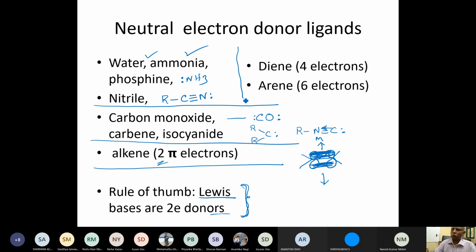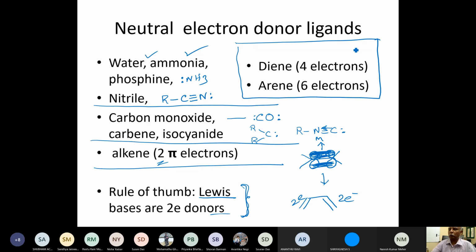When you come to dienes and arenes, it's very easy to see that a diene has got 2 double bonds. So 2 electrons can come from here, and 2 electrons can come from here. So this is a total of a 4 electron donor.